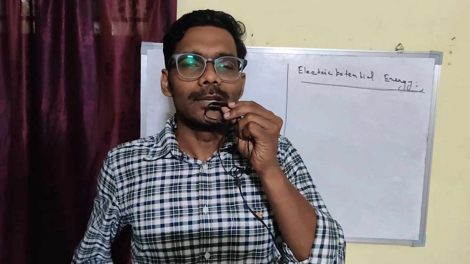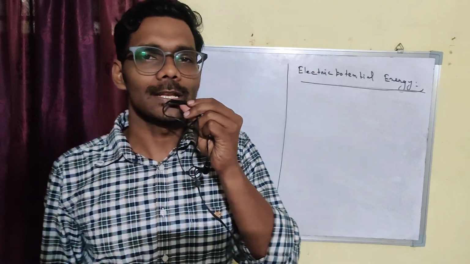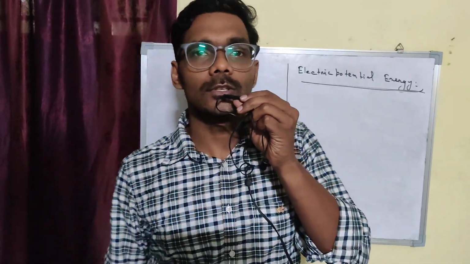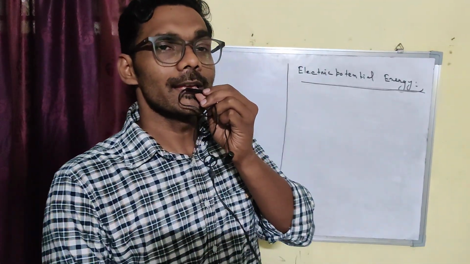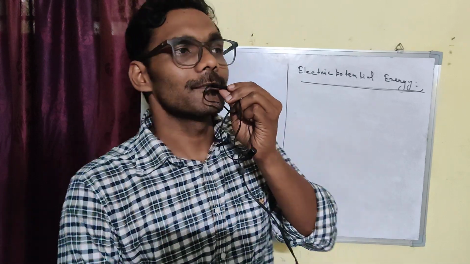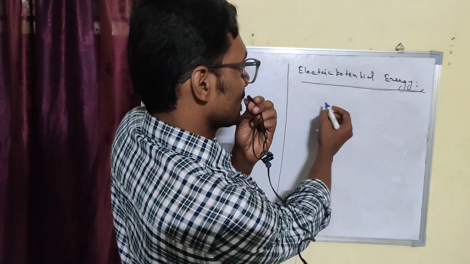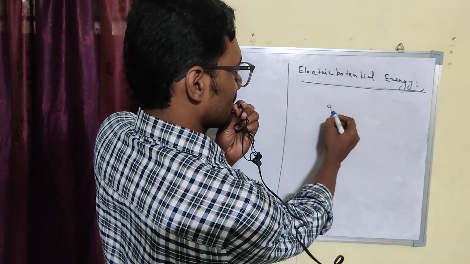So today we will discuss electric potential energy. What do we mean by electric potential energy? Suppose we are taking a test charge from infinity to a given point. Any charge, let's say charge Q1.